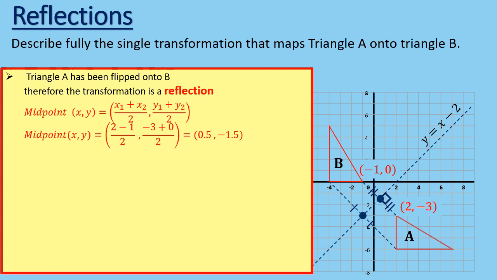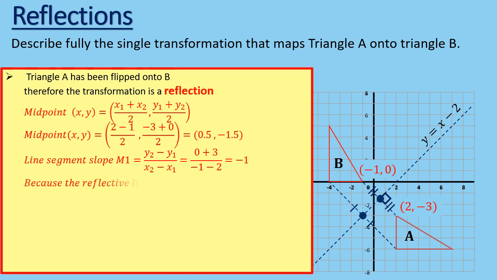Now we must calculate the slope of the reflective line, but first we must calculate the slope of the line segment using the slope formula, m equal to y2 minus y1 divided by x2 minus x1. After plugging the numbers into the formula, we get a line segment slope m1 is equal to minus 1.